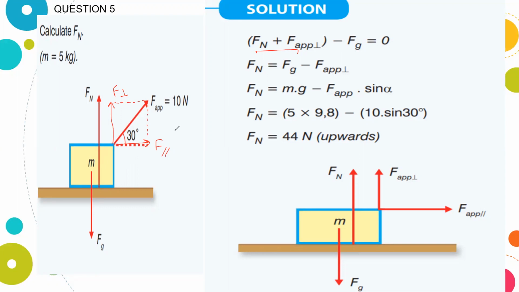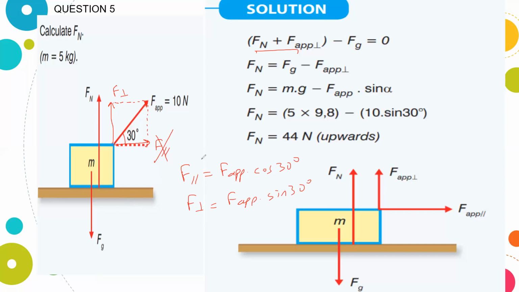All right, we don't use parallel one. So F parallel, if maybe next time you need, how can we calculate F parallel? F applied times cos 30, and F perpendicular, how can we calculate, people? F applied times sine 30. This one you have to remember, cos and sine we are using.